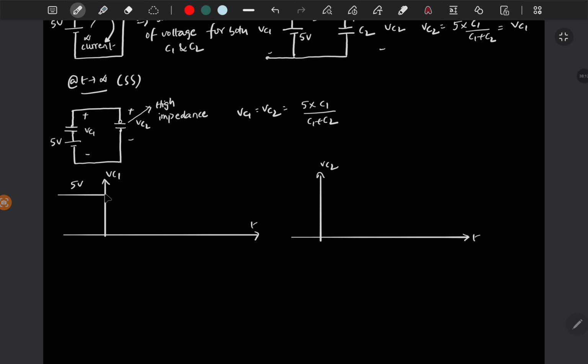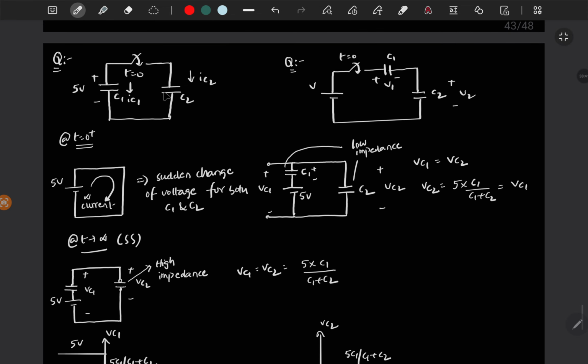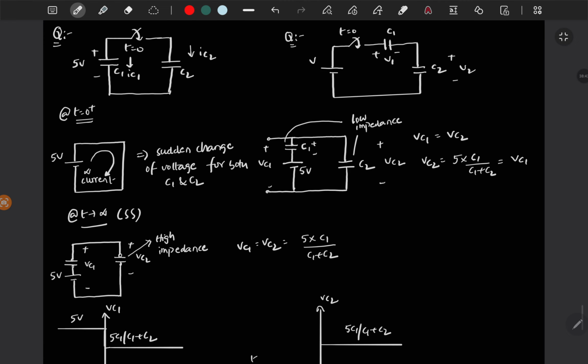And both are going to 5C1 by C1 plus C2, and at steady state also it is the same. So it should be 5C1 by C1 plus C2, and the initial voltage for C2 is 0 and it is going to 5C1 by C1 plus C2. Yeah, this is how this concept of switching capacitors will work.